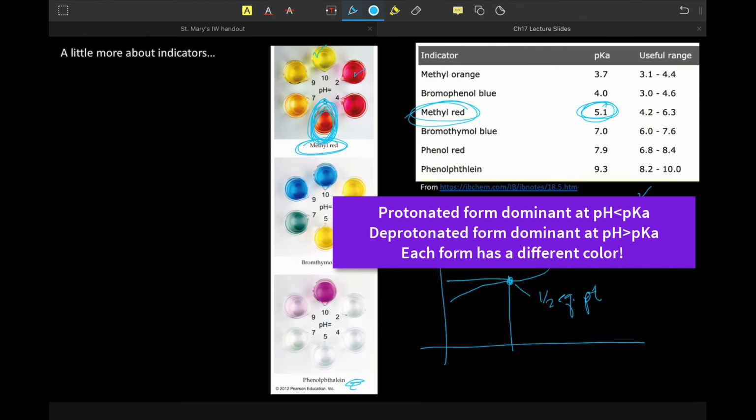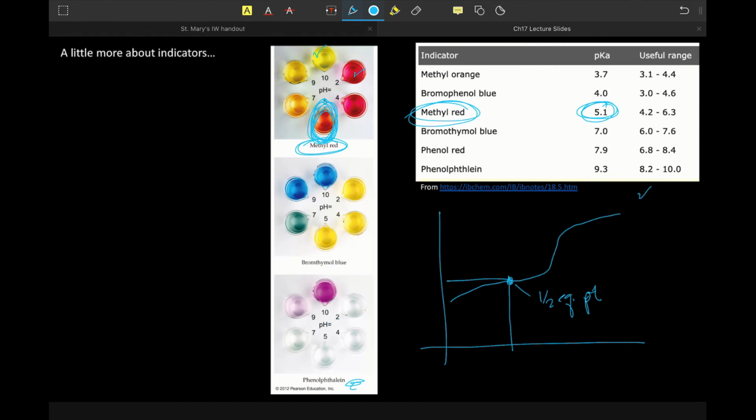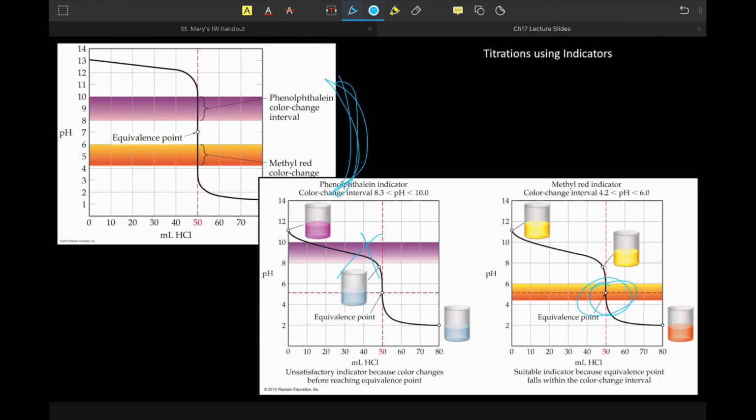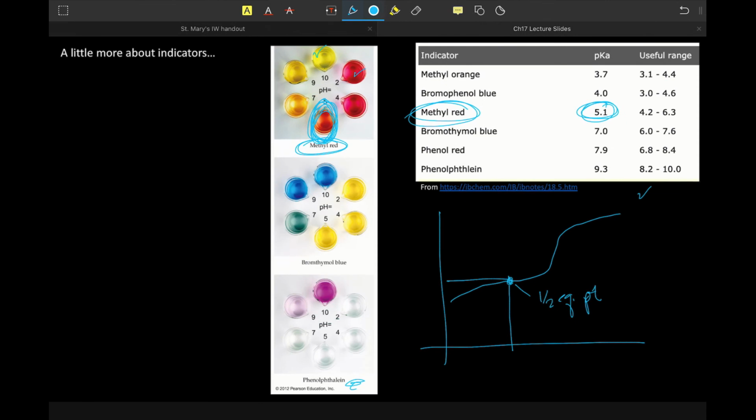Yes, that's the half equivalence point for methyl red, but the half equivalence point of methyl red needs to overlap with the equivalence point of the titration we're doing. Does that make sense? We are taking advantage of the fact that indicators are acids to use them in something else, to give us information about another acid, which is why it's so very cool how it all layers on top of each other.